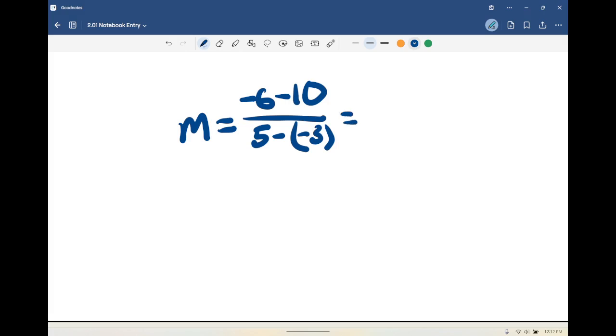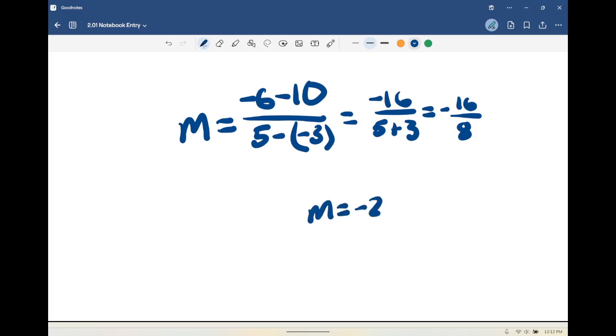Positive. And so I'm going to have negative 16 over 5 plus 3. Give me negative 16 over 8. And so raise your hand. Negative 16 divided by 8 is really what number? Zahara, louder. Negative 2. And so our slope is negative 2.